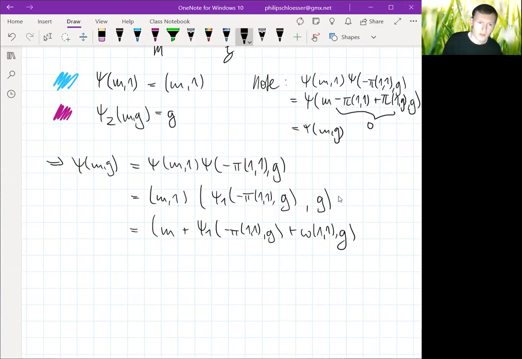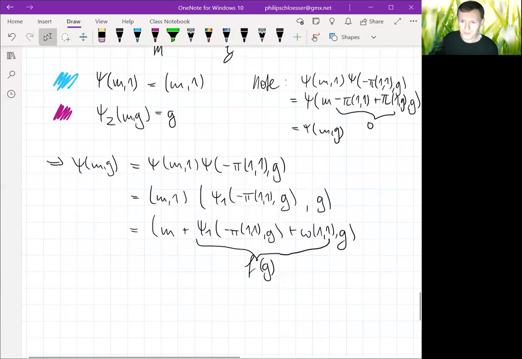Oh, no, not a G, because it should be that one there. Okay. And here we have omega 1, 1 again, because omega 1, 1 is equal to omega 1 G. And if we squint a bit, then this just looks like some function applied to G. So let's just call it f of G, because we haven't used any of those letters often enough.